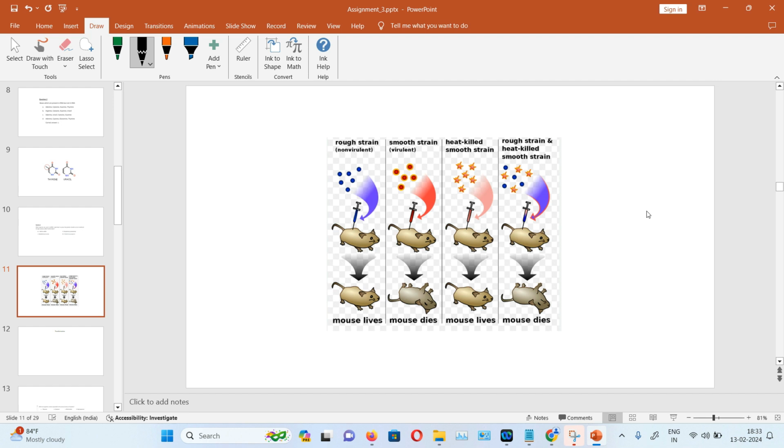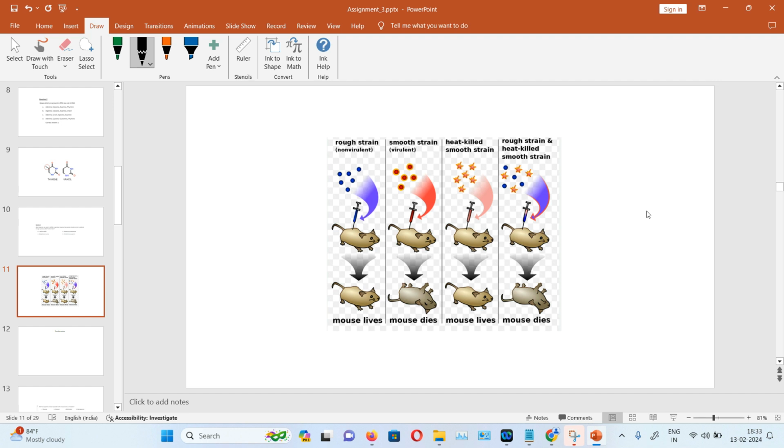In Griffith's experiment, they knew that the smooth strain bacteria are pathogenic and cause the mouse to die. So they took the bacteria, and before introducing them inside the mouse, they heated them.